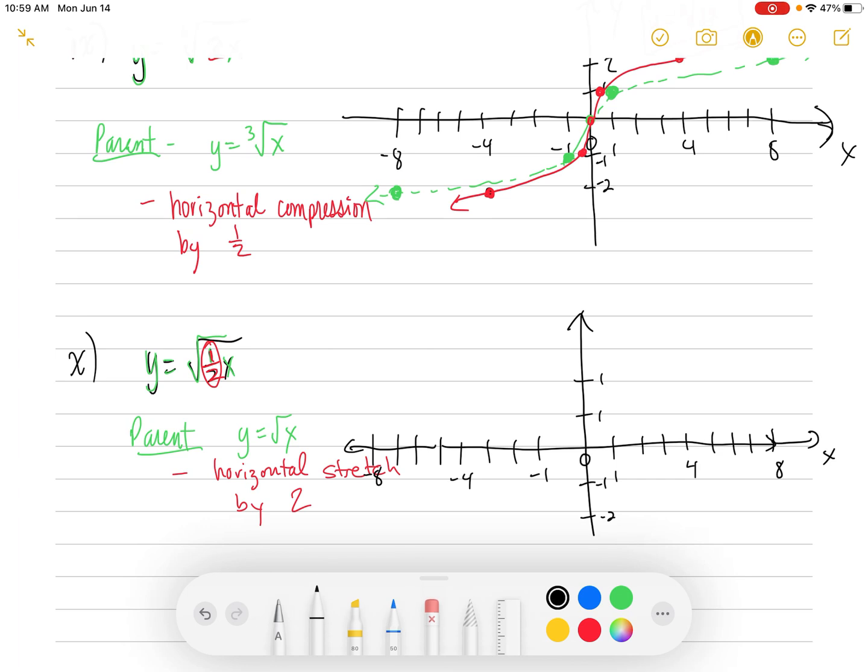Negative 1, negative 2 here. Okay, I'll get rid of those marks. Okay, so when you're doing the square root function, you take the square root of 0, you get 0, square root of 1, you get 1, square root of 4, you get 2, and that should be a 2 right there. I'm not going to put any other points because it would go off page. So you get something like this for your square root function.